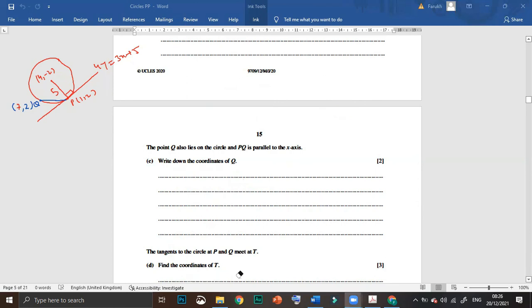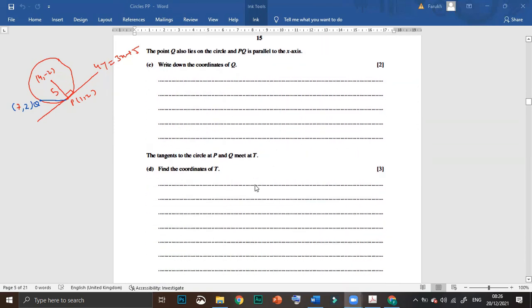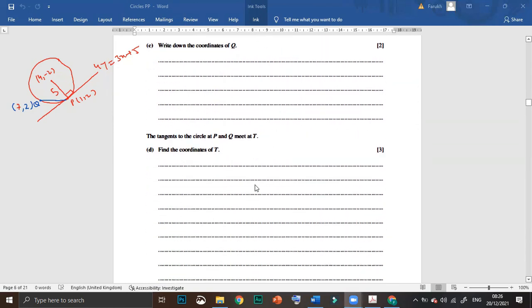Now the next part, D part. The tangents to the circle at P and Q meet at T. Find the coordinates of T.